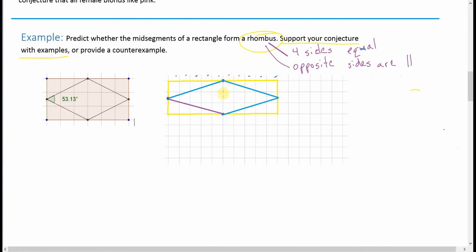So it has a certain length to it because of that. It would be easier just to measure with a ruler. You can see that this length is equal to this length. Make your own rectangle, get out a ruler, and you can see that definitely all of these sides are equal length. Now we need to show that they're parallel.